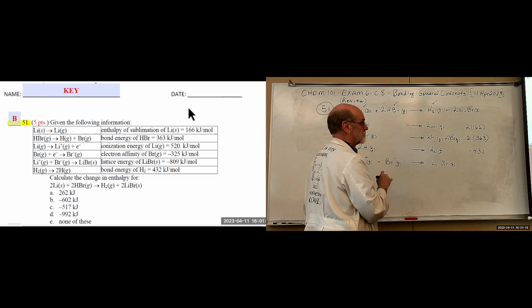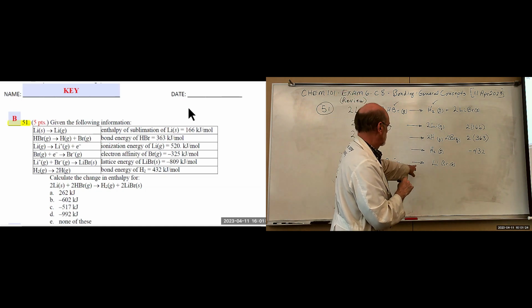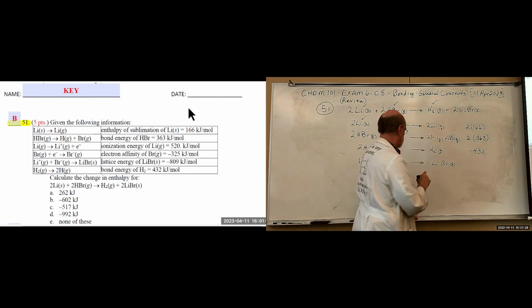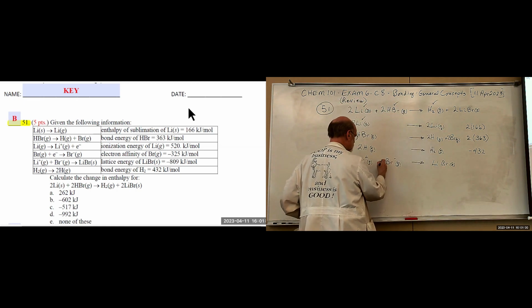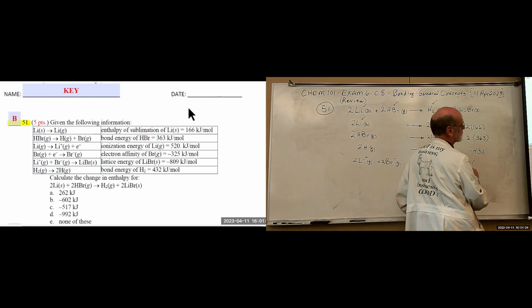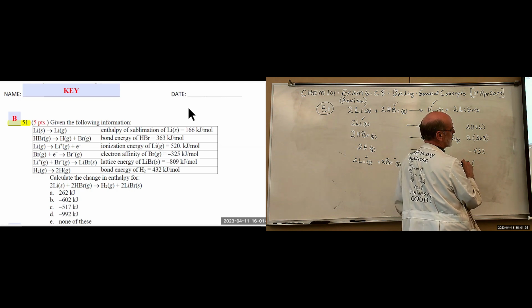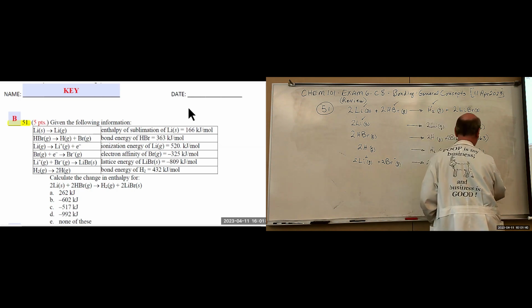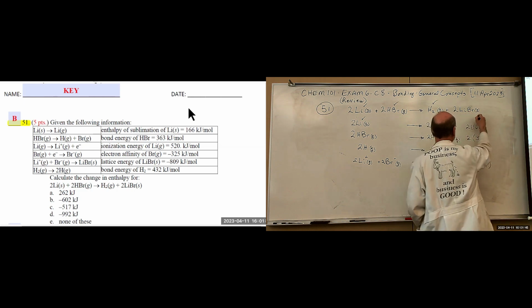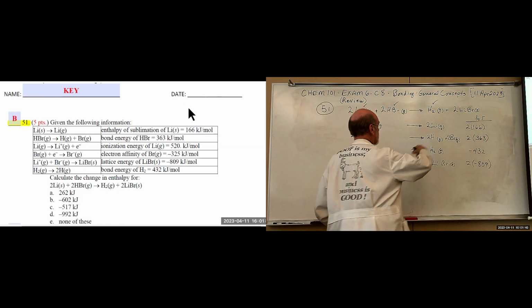Is that it? Lithium, bromine? Yes. And how many do we need? We need 2 of them. So 2 here, 2 here, 2 here, and 2 times the value, minus 809. And these are all kilojoules. Okay, so we got this one.